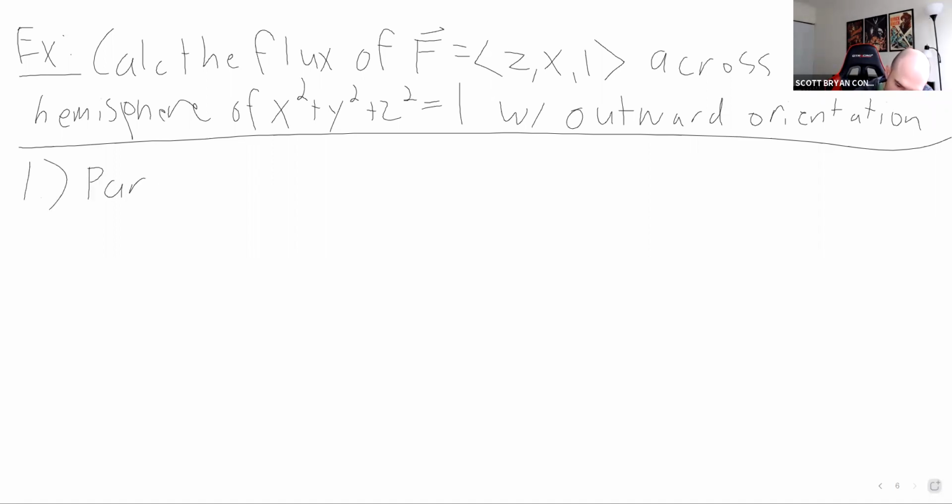But step one. Let's parameterize our surface. So we're calculating the integral of f over S. So first thing we need to do is parameterize our sphere. Okay, so we're not getting the entire sphere, we're getting the upper hemisphere.